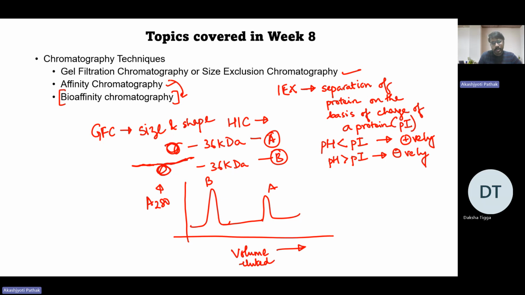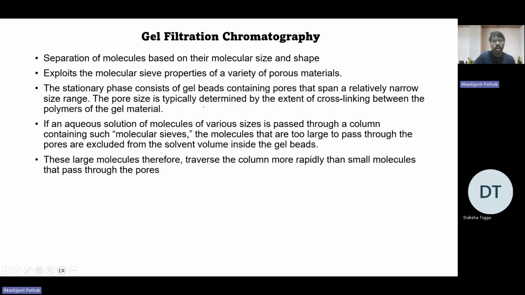So we will learn about the principle of gel filtration chromatography, but to start with, I discussed this concept because not only the size is important, but the shape of the protein, or the hydrodynamic radius, is very important when we are doing gel filtration chromatography.